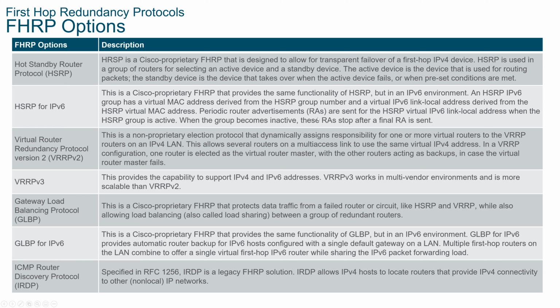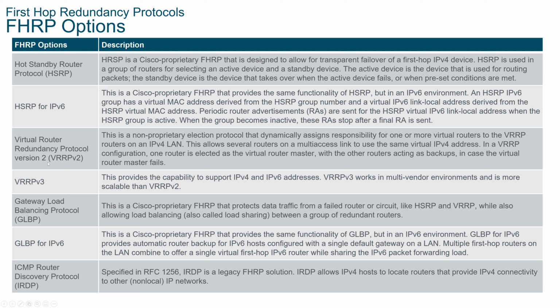Periodic router advertisements (RAs), which are needed in IPv6, are sent for the HSRP virtual IPv6 LLA when the HSRP group is active, and when the group becomes inactive, these RAs stop after a final RA is sent.